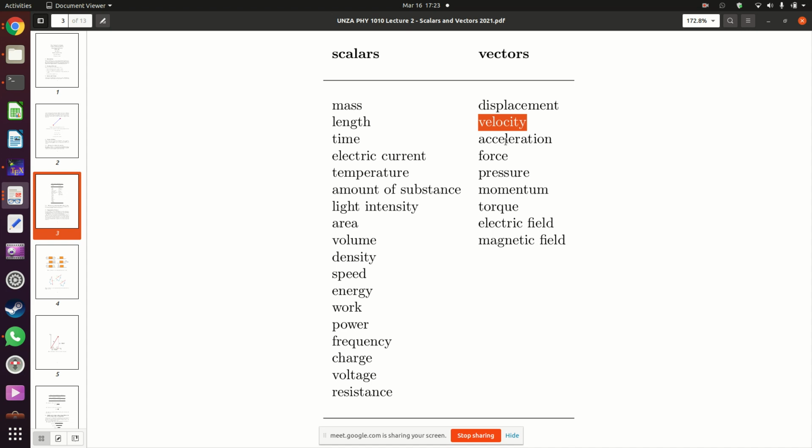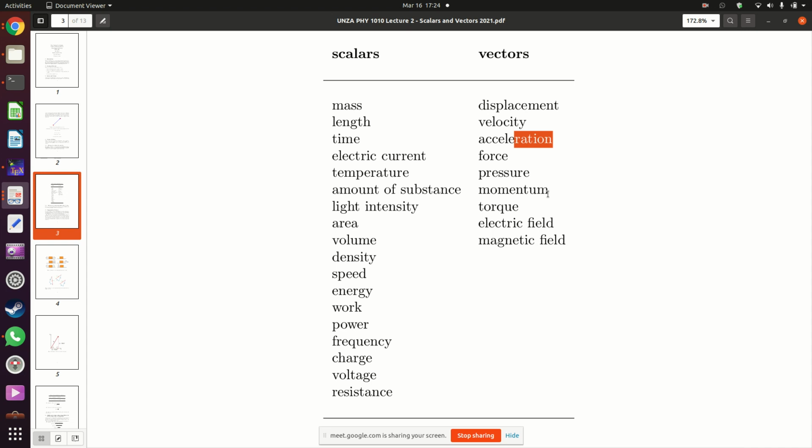Then there's force. You apply a force in a specific direction. There's pressure. Remember, pressure is force divided by area. If force is a vector, and you're dividing by area, which is a scalar, what you get is a vector. There is momentum. You get momentum by multiplying the mass times the velocity. Mass does not have direction, but you are multiplying it with velocity, which is a vector.